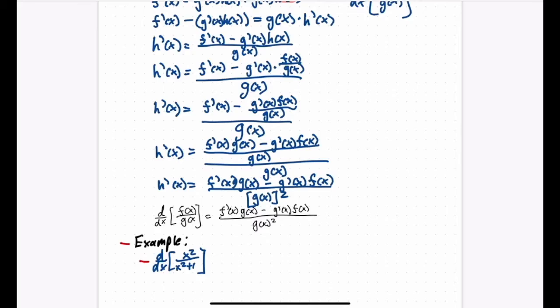And there we go. There is our quotient rule for derivatives.